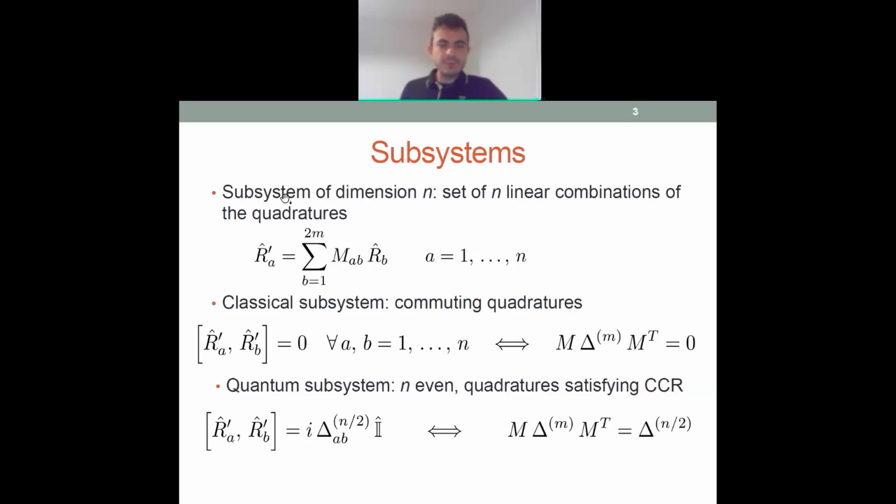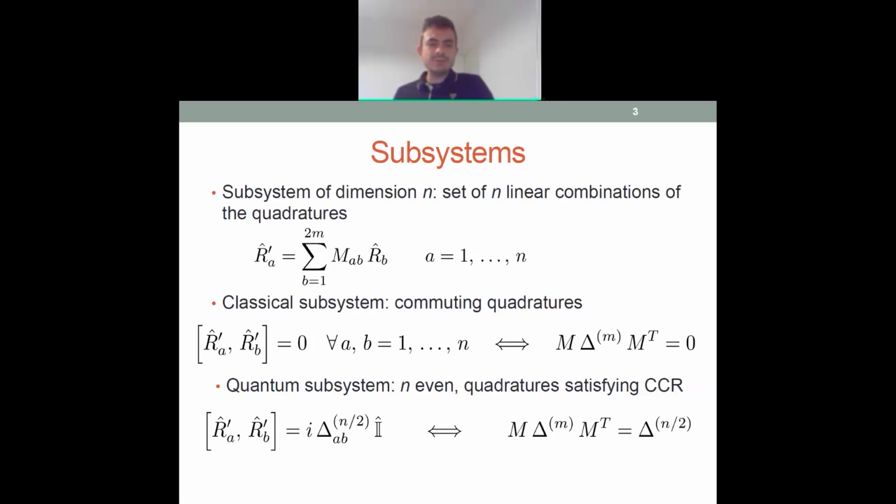Then for the following of this talk, it will be important not only what a bosonic system is, but also what a subsystem of a bosonic system is. And roughly speaking, we will identify a subsystem of a bosonic quantum system as a subset of the quadratures.